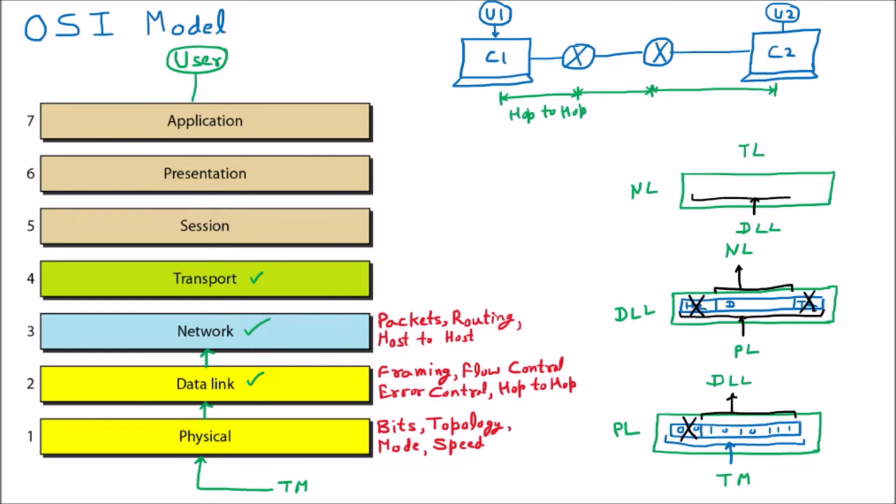So data is going. Now this data is the combination of header as well as the data. So here we have the header. It is the third layer, so we can say H3, and this is the data. Now the header portion is discarded and only data is passed to the above layer.